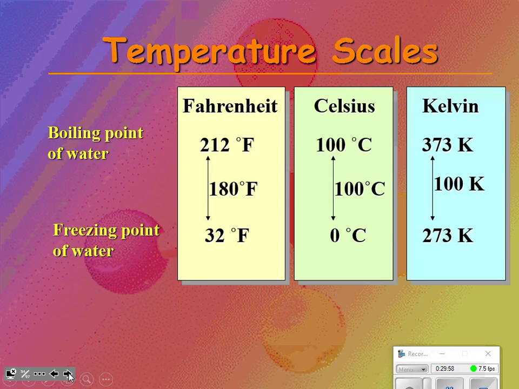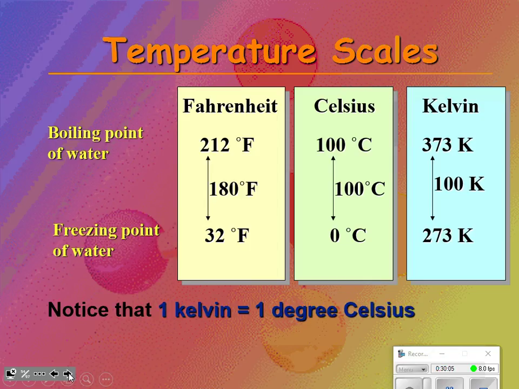Now, what are we going to do with these? Well, I guess we should make a point here. Notice that 1 Kelvin is equal to 1 degree Celsius. In between their boiling and freezing points, there are 100 units, whether it's 100 Kelvin or 100 degrees Celsius.